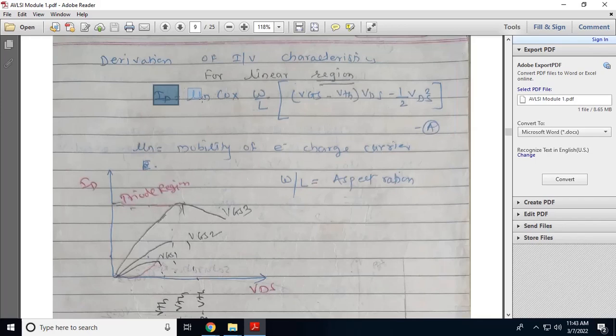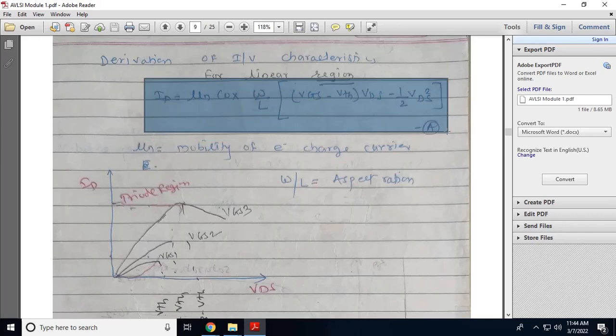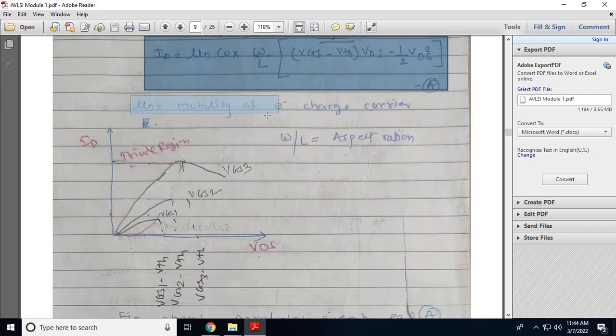Drain current is equal to mobility of electrons, gate oxide capacitance, width and length of the transistor, VGS minus VTH, that is the voltage of gate and source minus threshold voltage, multiplied by VDS, that is the drain to source voltage, minus 1 by 2 VDS square. So this is equation A. So ID is equal to mu n COX W by L multiplied by VGS minus VTH into VDS minus 1 by 2 VDS square. Here mu n is the mobility of electrons.